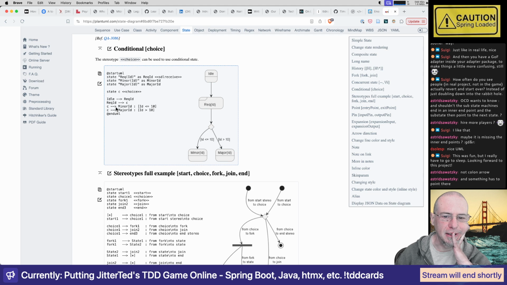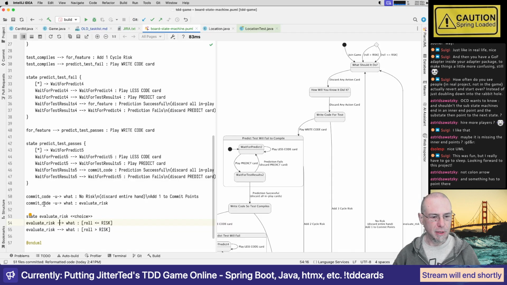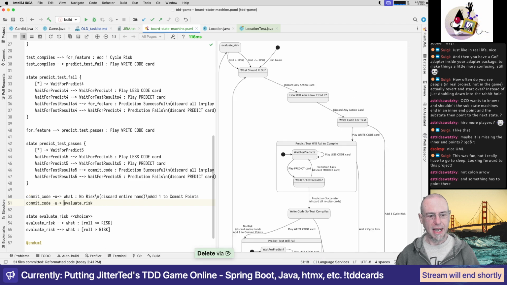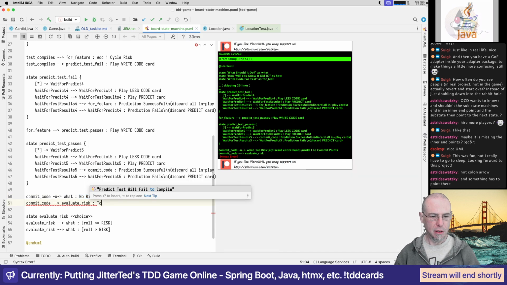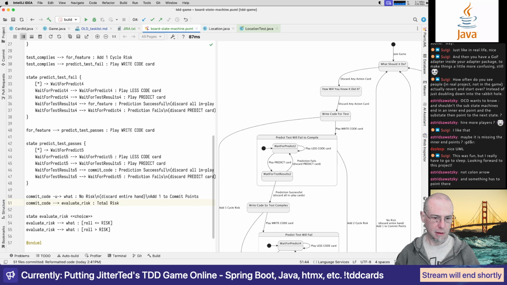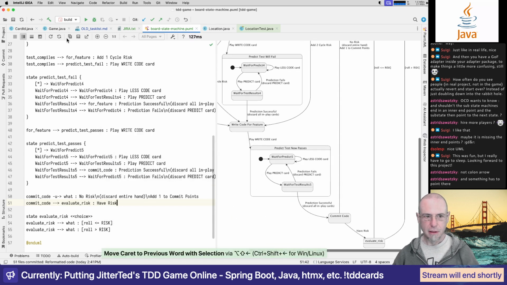What am I missing? Request ID points to the choice thing, so request ID points to C. I've got commit code. Oh, that's what it's supposed to be. So either we go back to the first tile if you have no risk, or we evaluate risk if you have risk.